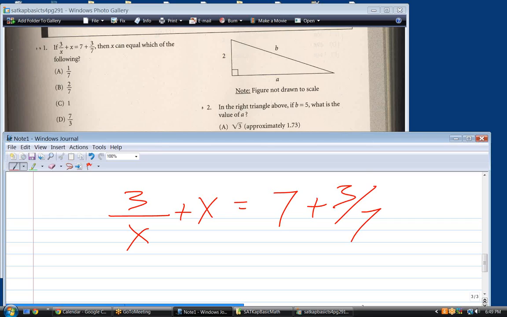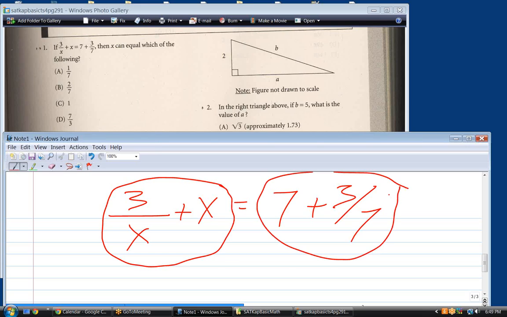In other words, this little shortcut's going to save you about a minute of time, if you can spot it. Could you cancel the 7s? No? On this one? What's similar? Try to see something similar between this and this. The 3 over 7? So what's x got to be? 7. That's the answer. Oh, wow.